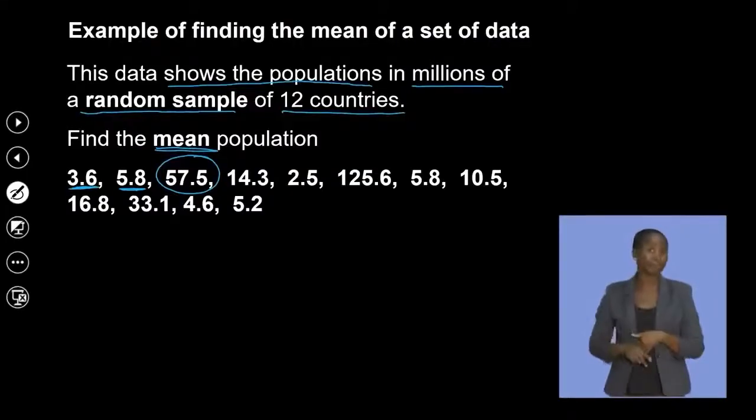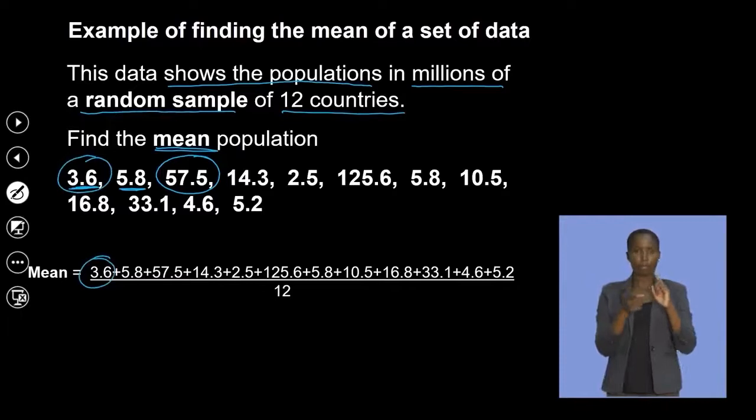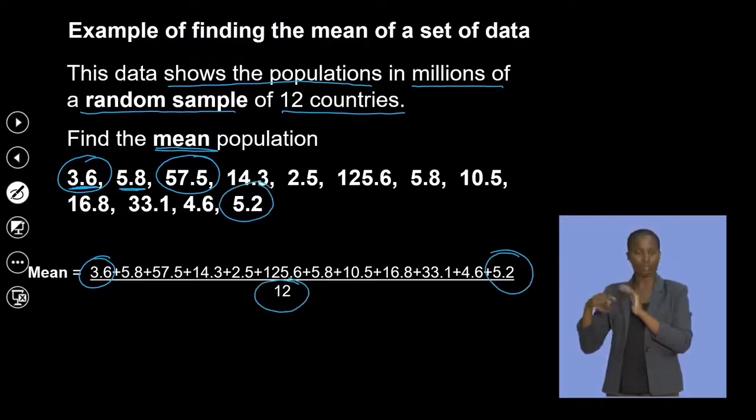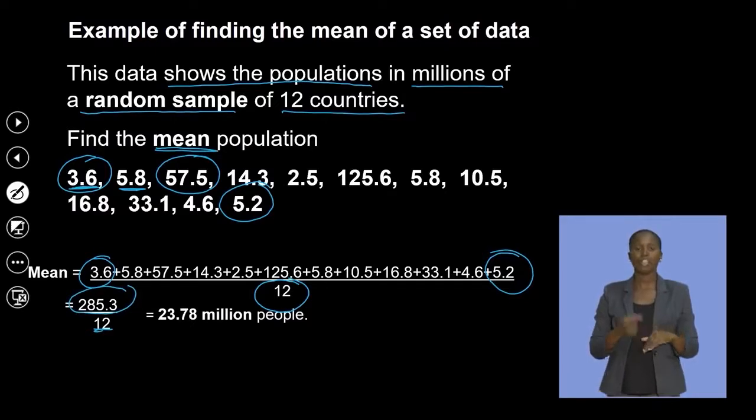We add all the numbers from 3.6 all the way to 5.6, divided by 12. Use a calculator, and if you add all the numbers on top, that's what we get, divided by 12, and our mean is 23.78 million. That's the average of the 12 random countries.